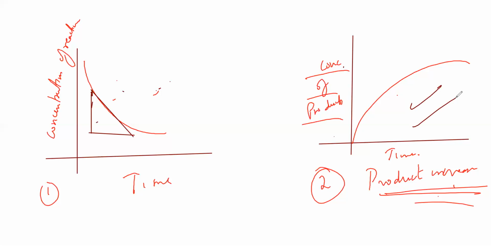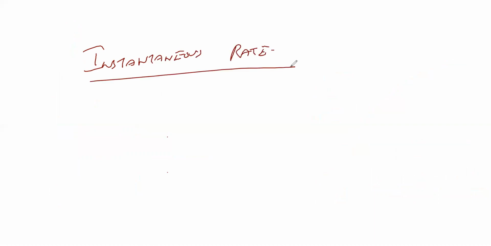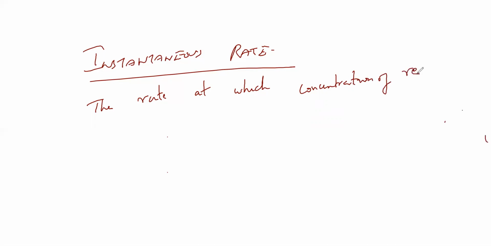The next one is instantaneous rate. It is the rate at which the concentration of reactants decreases at that instant.